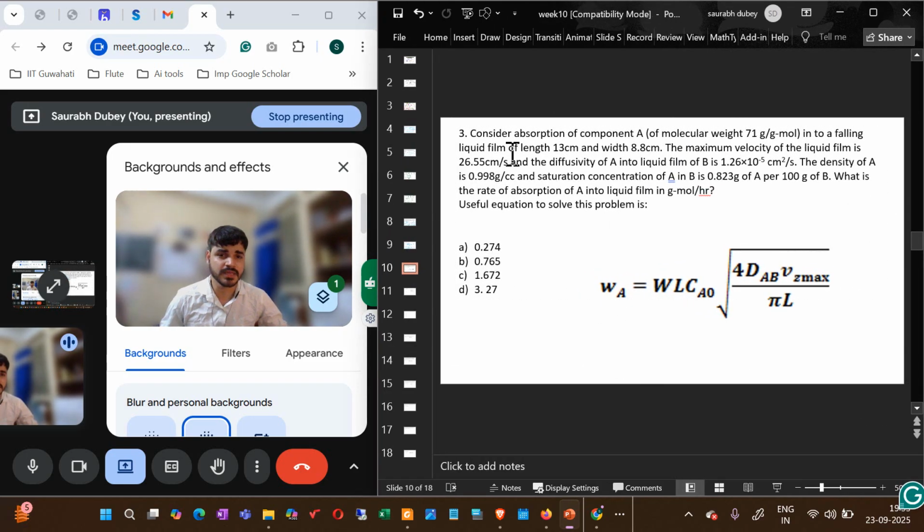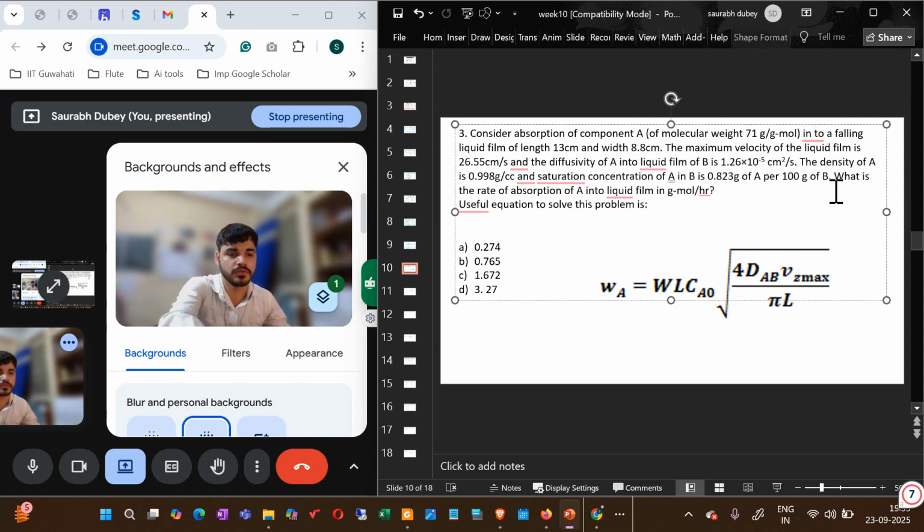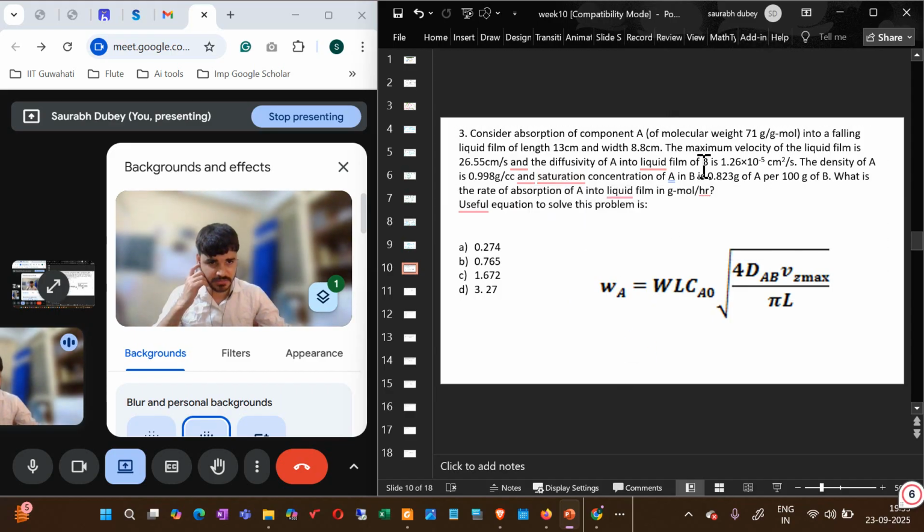Okay, so the problem says: consider absorption of component A, molecular weight 71 gram per gram mole, into a falling liquid film of length 13 centimeter and width 8.8 centimeter. The maximum velocity of the liquid film is 26.55 centimeter per second, and the diffusivity of A into the liquid film B is 1.26 into 10 to the minus 5 centimeter square per second.